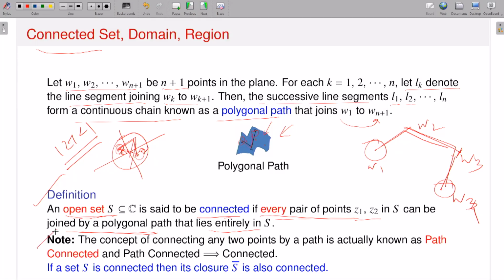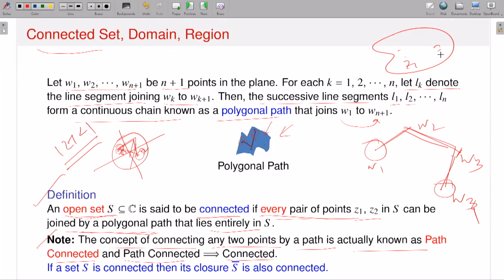Now look, there is a note. It says that the concept of connecting any two points by a path is actually known as path connected, and path connected implies connected. As I said in my definition of connected set, it is actually a stronger way.